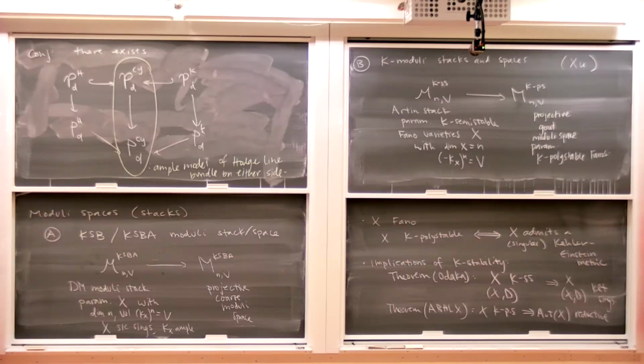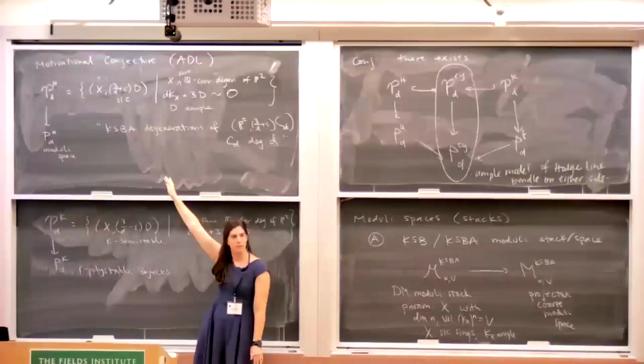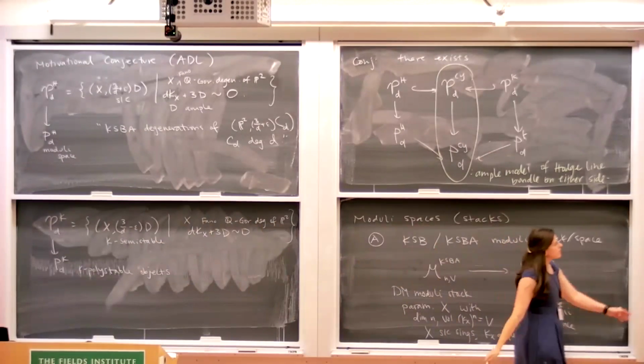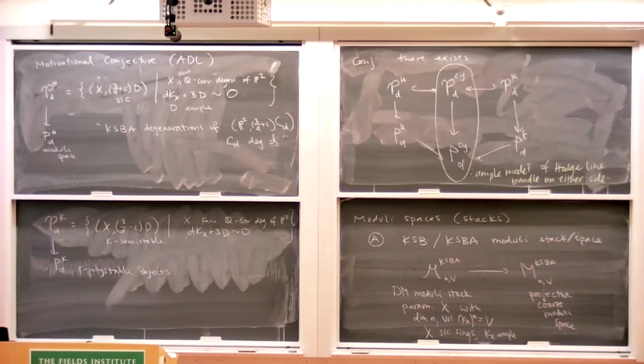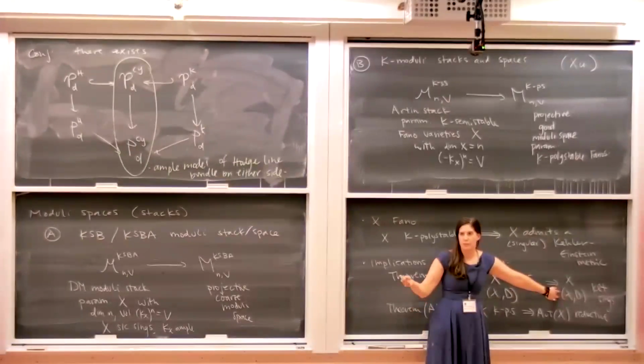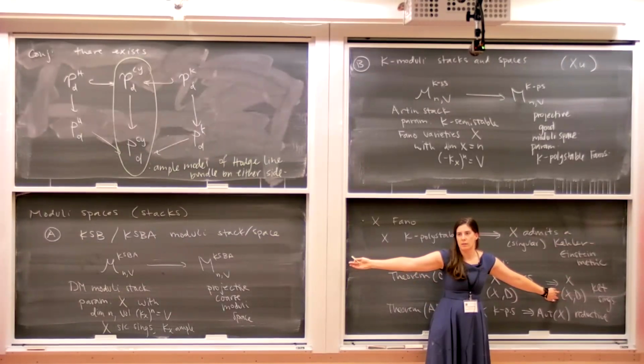As epsilon goes to 0, that still remains semilog canonical. On this side, the K moduli space, by Odaka's theorem, the pairs that are parameterized for small epsilon are KLT. So as epsilon goes to 0, they remain log canonical.